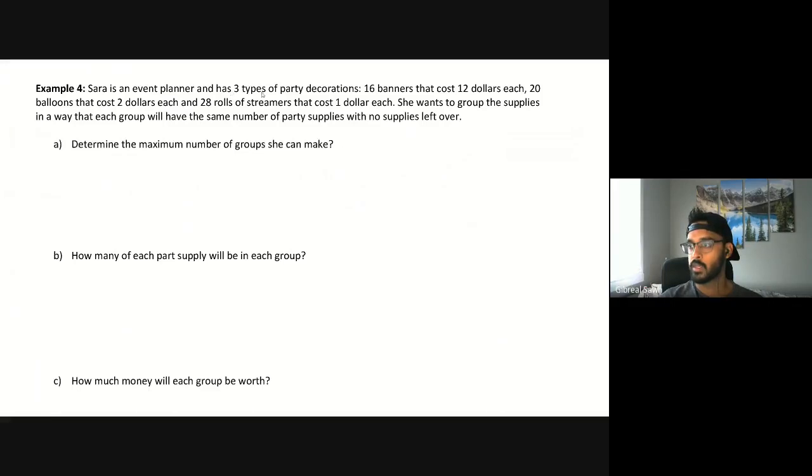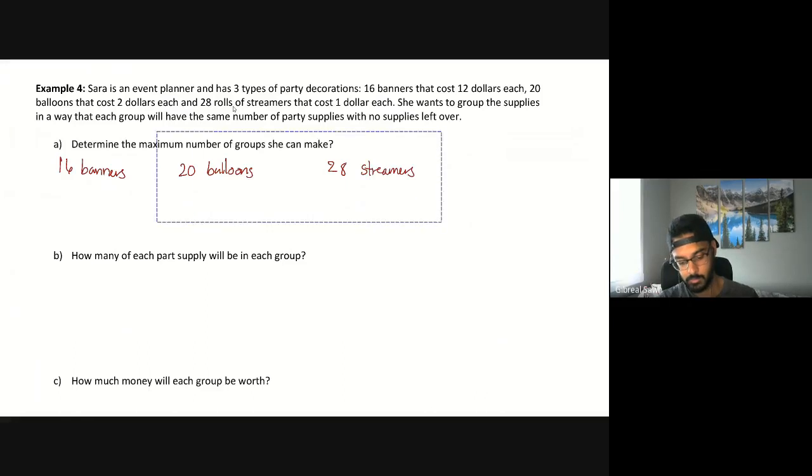So I've got 3 things. I've got 16 banners. We have 20 balloons. And we have 28 streamers. Okay, so this is what we're working with.